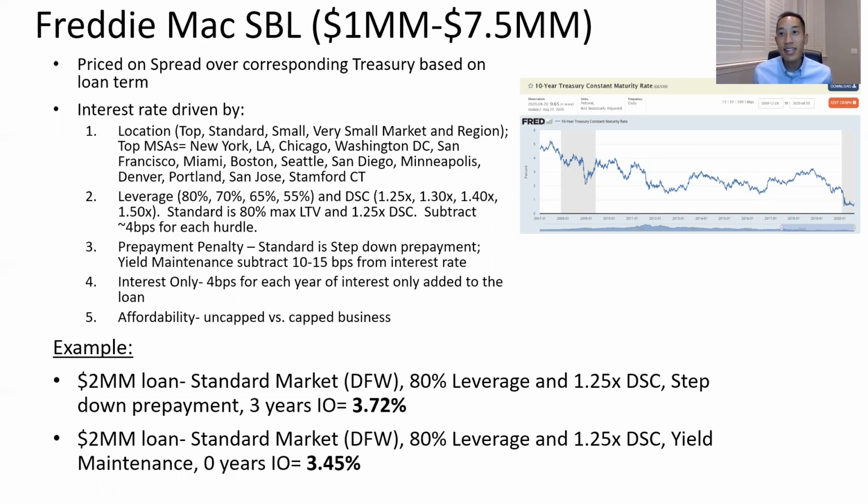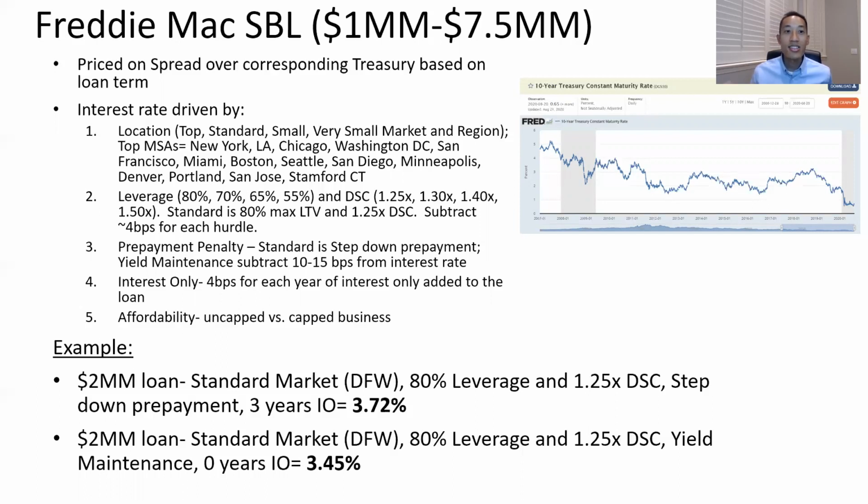So what is that spread based off of? Starting at the top, for Freddie Mac small balance loans, it really starts with the location of the asset. They grade every market as top, standard, small, or very small. Some examples: your top MSAs are going to be New York, LA, Chicago. Dallas is now on that list, but those are some of the top ones.